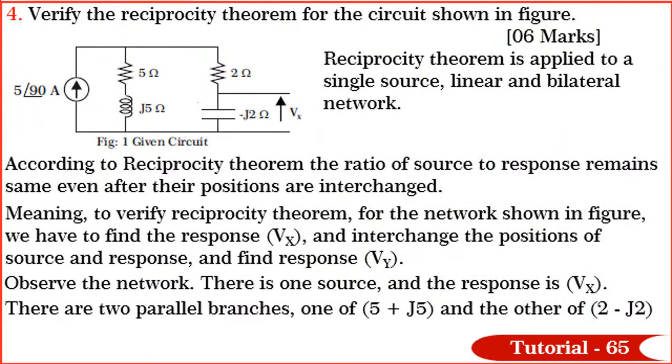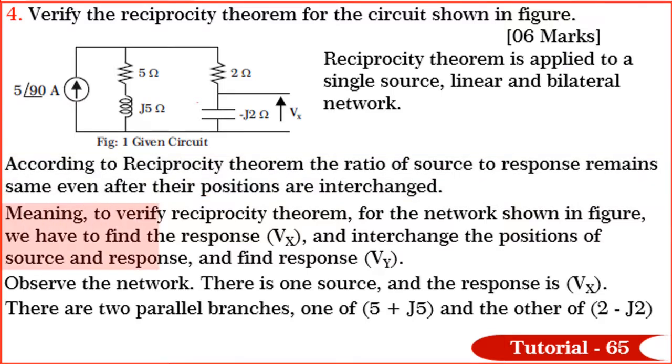Friends, next we shall answer question 4 to verify the reciprocity theorem for the network shown in figure. We know that reciprocity theorem is applied to a single source linear and bilateral network. So, according to reciprocity theorem, the ratio of source to response remains same even after their positions are interchanged.